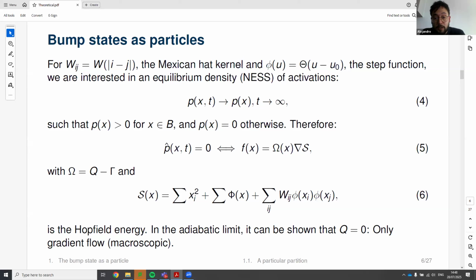And the reason this is sufficient, at least for the existence of the bump, given some conditions that we will see later, is that this has a local excitation and long range inhibition, which allows us to do what we are about to do with this proposed particular partition. Additionally, just for simplicity, we assume that the activation function is a Heaviside step function with some threshold U sub 0.